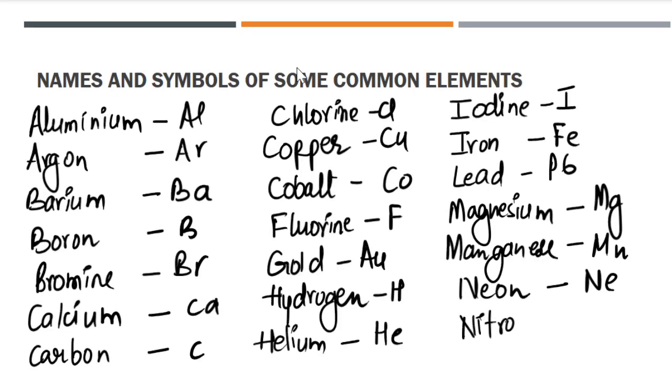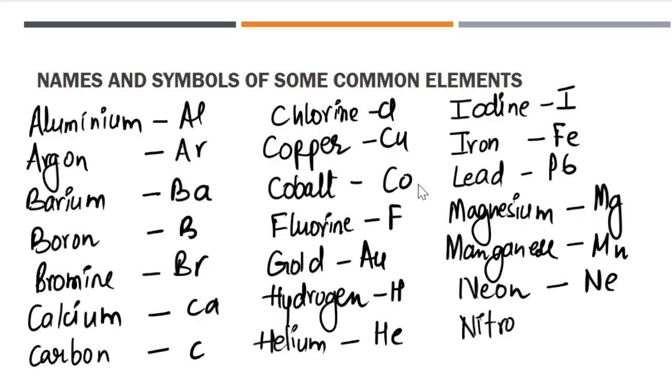So you can see over here, aluminium is Al, we take the first and the second letter. Argon, Ar. Barium, Ba. Boron, only the first one. Bromine, first and second letter. Calcium, Ca. Carbon is just the first letter. Chlorine, C and L. Copper, C and U, because we cannot take cobalt and copper the same; cuprum is the word from which Cu has been derived.